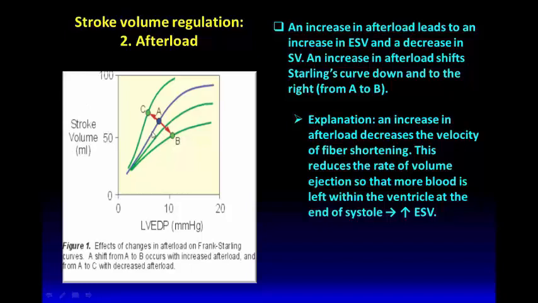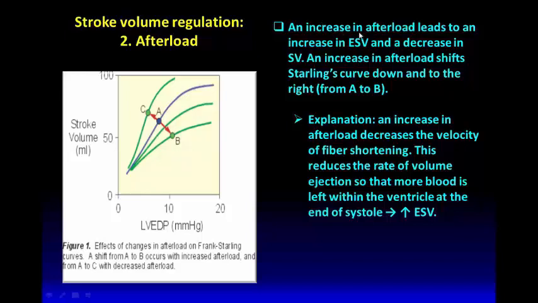So this is a modified Starling's curve. And the curve in blue is a normal Starling's curve when the afterload of the left ventricle is normal, when the aortic pressure is normal.